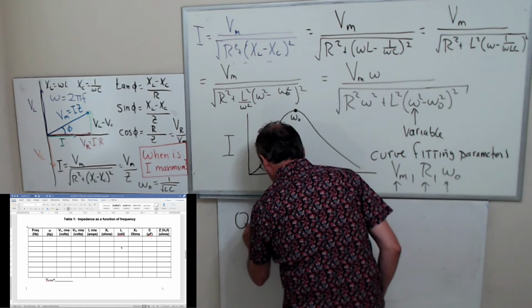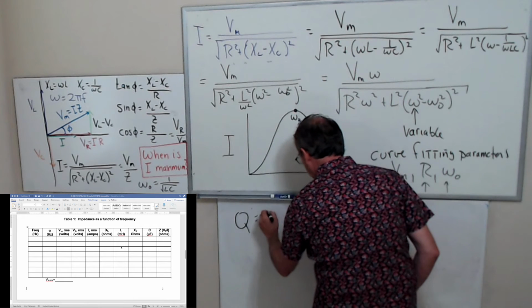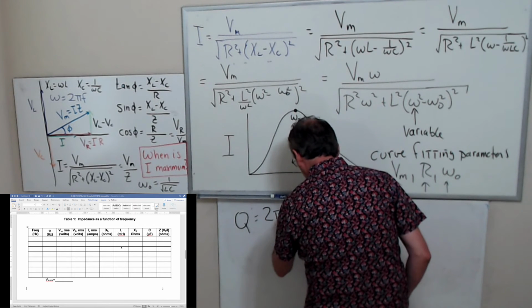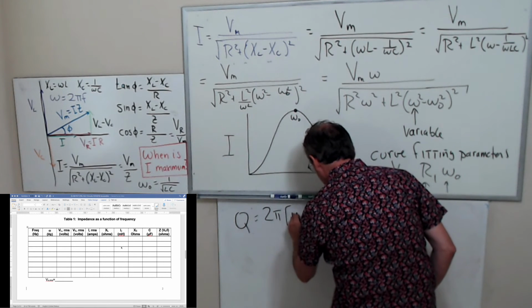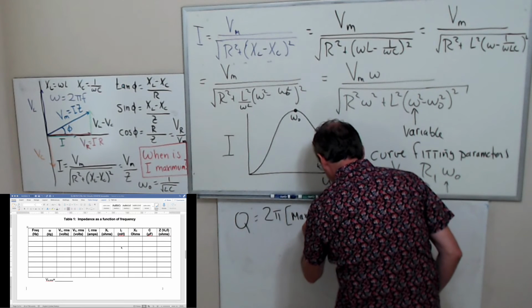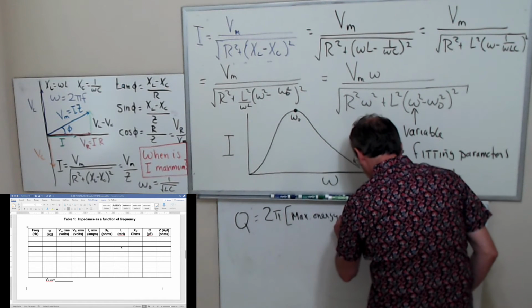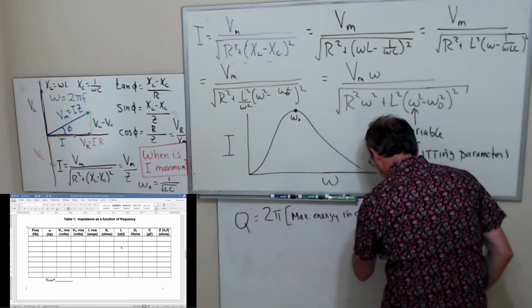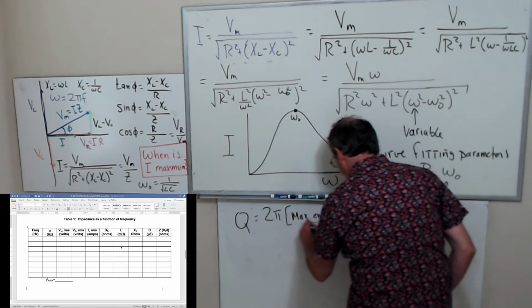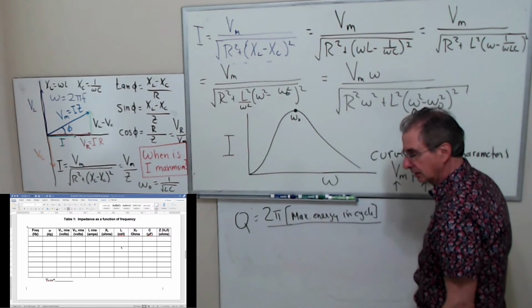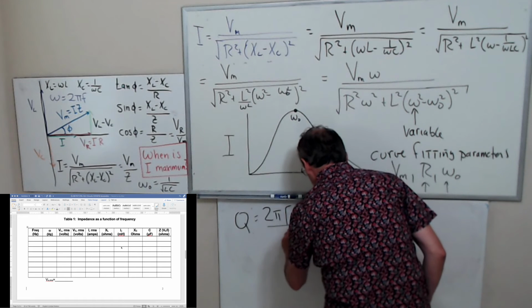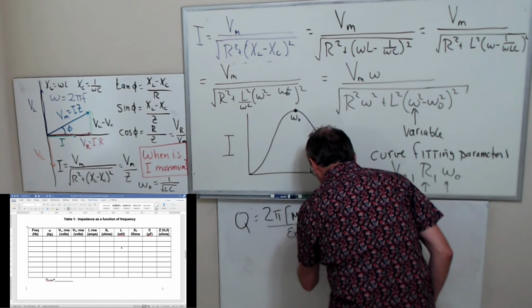The quality of the circuit is defined as 2 pi times the maximum energy in the cycle divided by the energy loss per cycle.